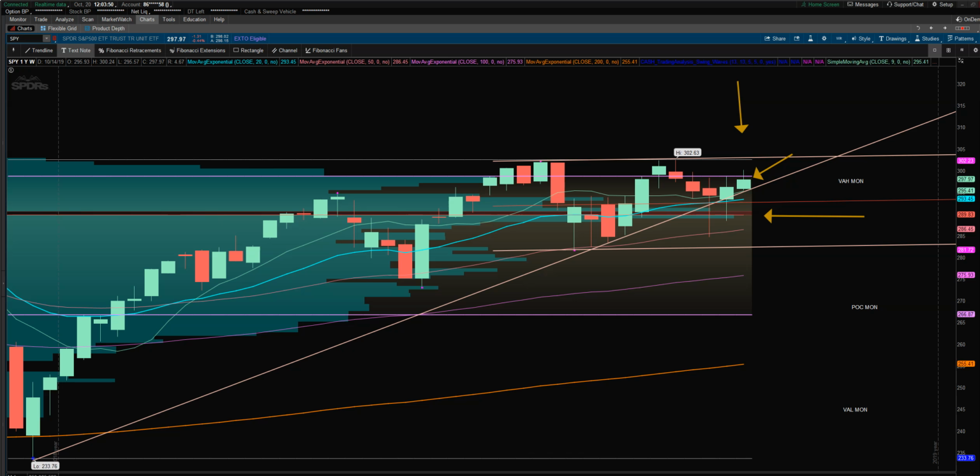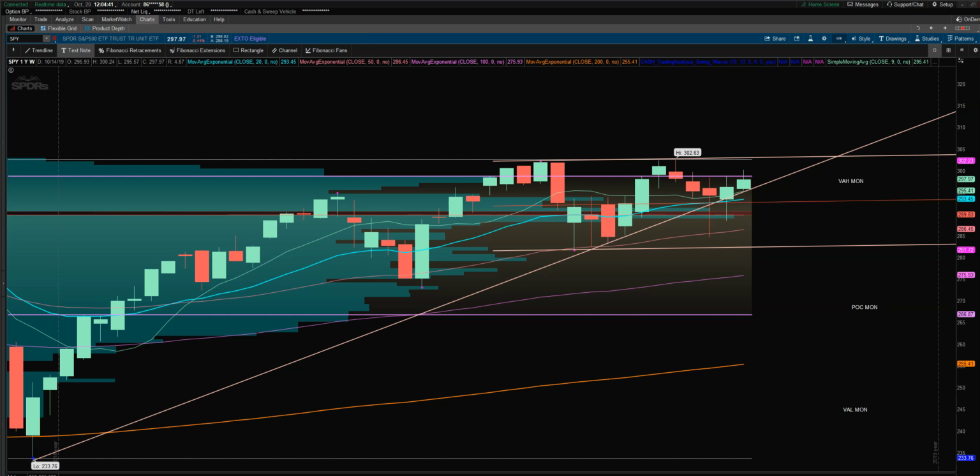The point of control is the highest volume, where prices were deemed to be fair for both the bulls and the bears over the entire time frame. We don't want to get into full detail on volume profile, but it's something that we look at on a very consistent basis.